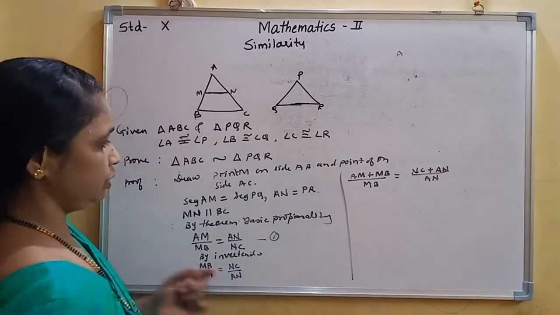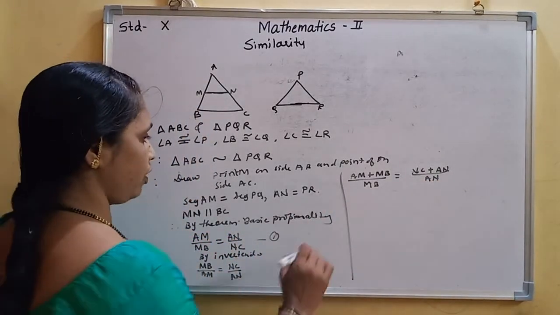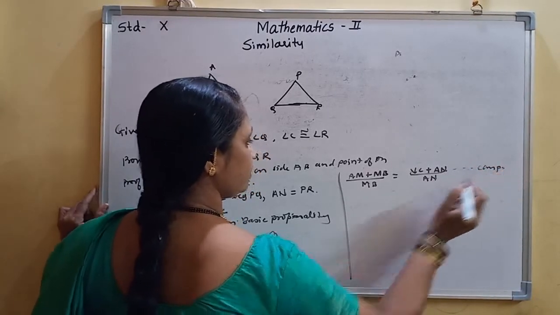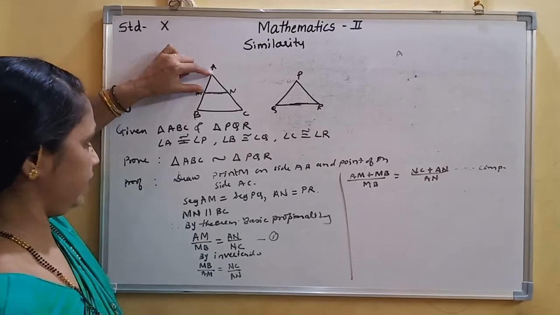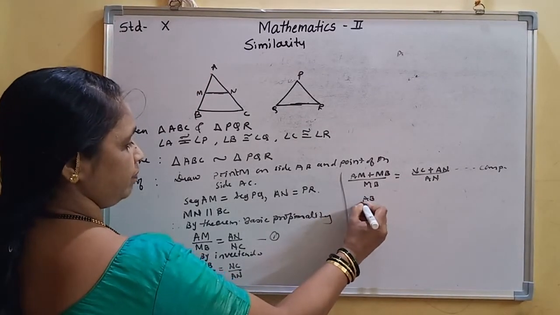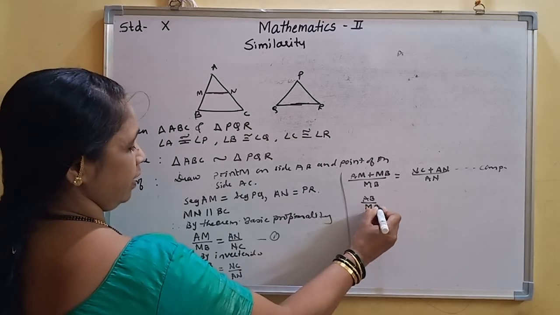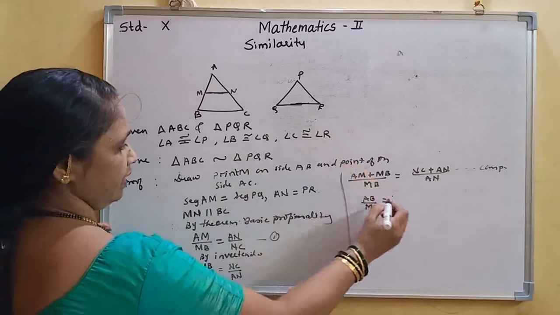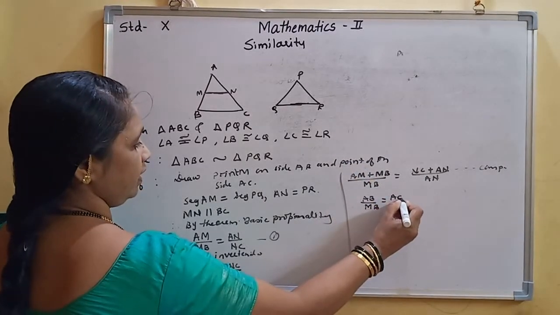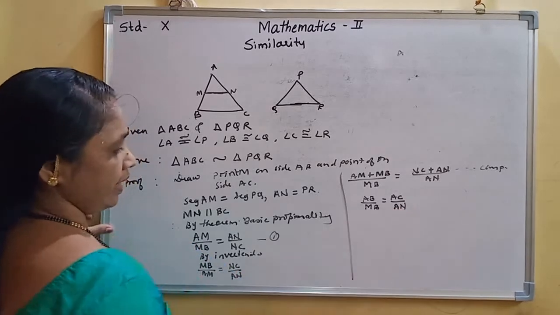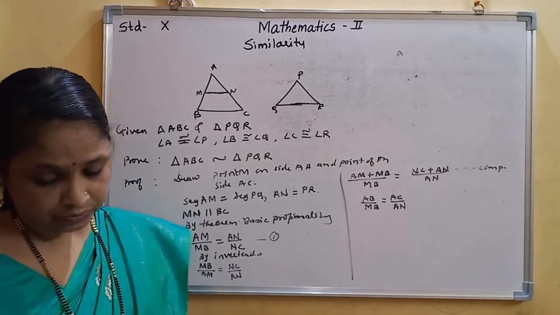Now see, due to this componendo, what happened? AM plus MB is what? AB. AB upon MB is equal to AN plus NC, which means it is AC upon AN. Now this we have got.